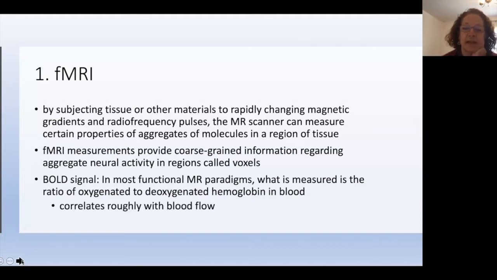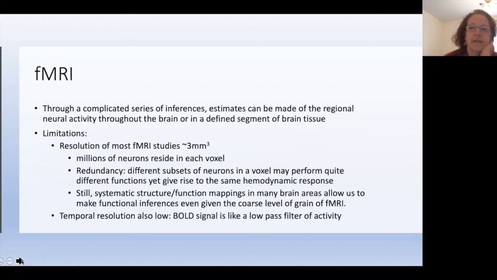And there are lots of independent studies that suggest that that ratio is indicative roughly of blood flow. And then there are other kinds of studies from early years of PET that showed that neural activation is also correlated with blood flow. And so you can make inferences of what the activation levels are in voxels of brain tissue by looking at these BOLD signals.